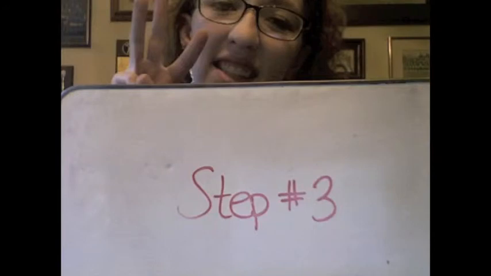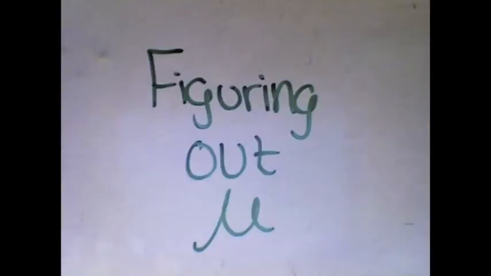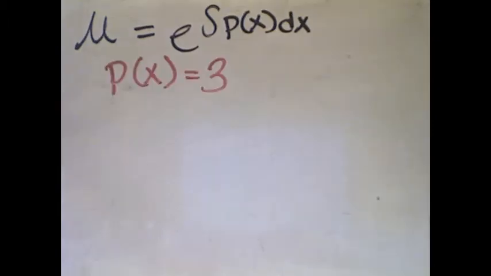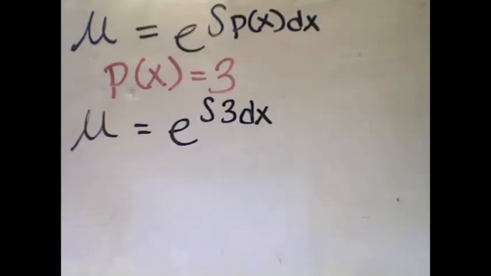Step number 3. We must figure out what mu equals for this equation. Since we know that mu equals e to the integral of p of x dx, and we know that p of x equals 3, we can substitute 3 for p of x, so we get mu equals e to the integral of 3 dx.